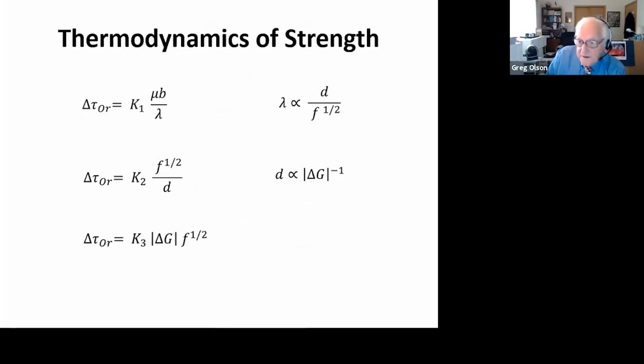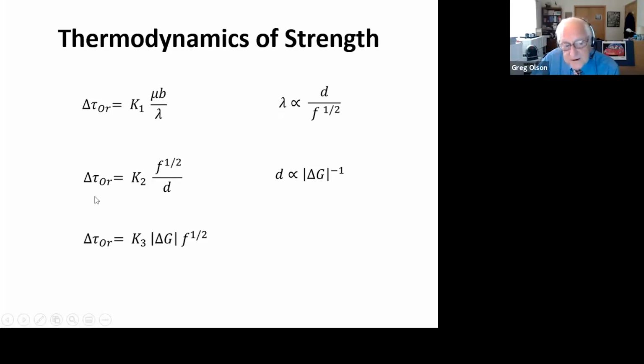And what that leads to then is this simplified parametric approach to strengthening, where from the Orowan strengthening theory, the precipitation strengthening scales inversely with the spacing of the obstacles. And that spacing scales with particle size over phase fraction to the 1/2 for the spacing in a slip plane.